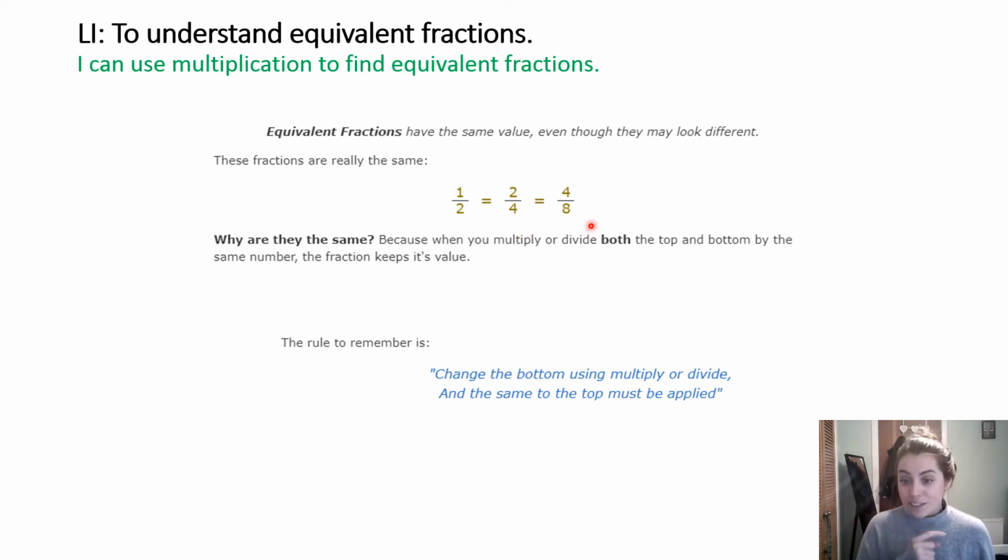Now on the last slide, we could prove that by drawing diagrams, but that can become quite annoying over time, especially when you're dealing with really quite big fractions. So we're going to use our knowledge of the operations to help us with this. So why are they the same? Well, because when you multiply or divide both the top and the bottom number by the same number, the fraction keeps its value.